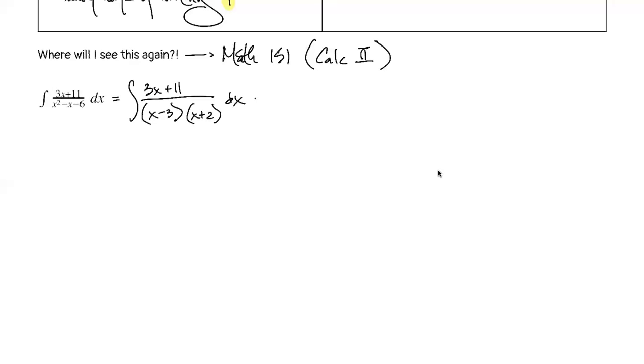And then I'm going to say, well, gosh, I don't know how to integrate this, but I could integrate it if it looked like this. A over x minus 3 plus b over x plus 2.